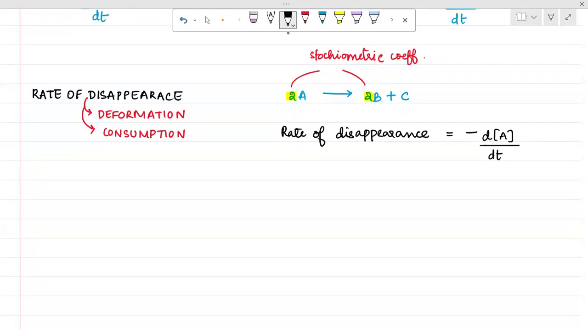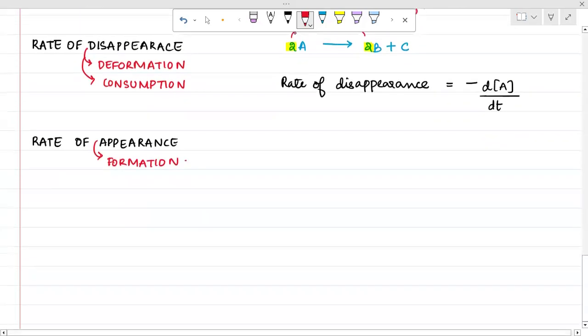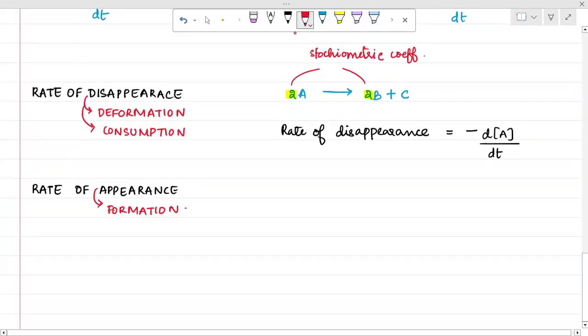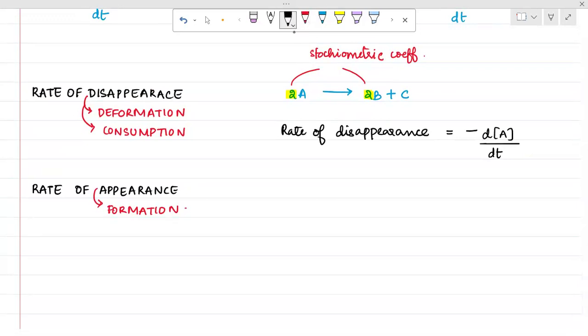Now, let's say that the question is to find the rate of appearance. Instead of appearance, they can also ask about formation, product formation. So who is being formed here? The products are B and C. So we have two products.